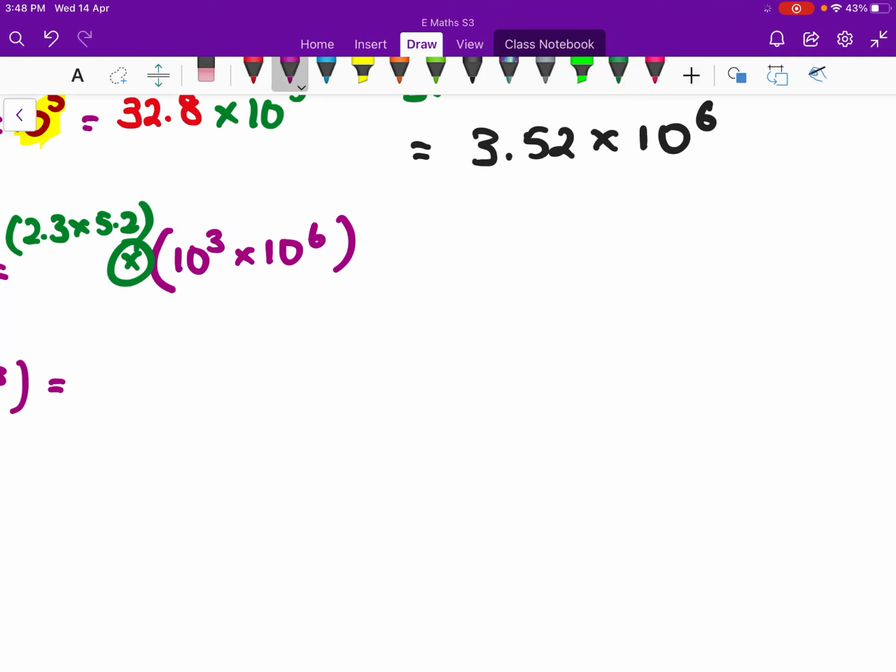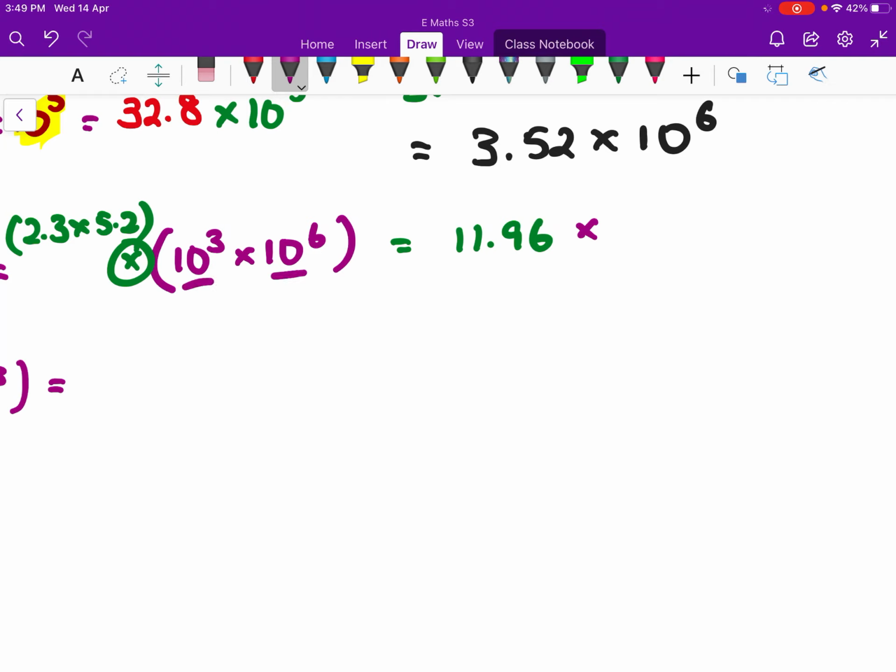So for the number part, you should get about 11.96. This is for the number. For the standard form is 10 to the power 3 times 10 to the power 6. It's back to your indices law number 1.